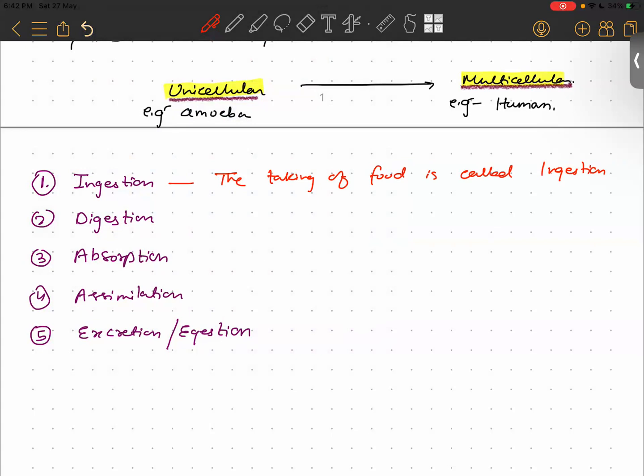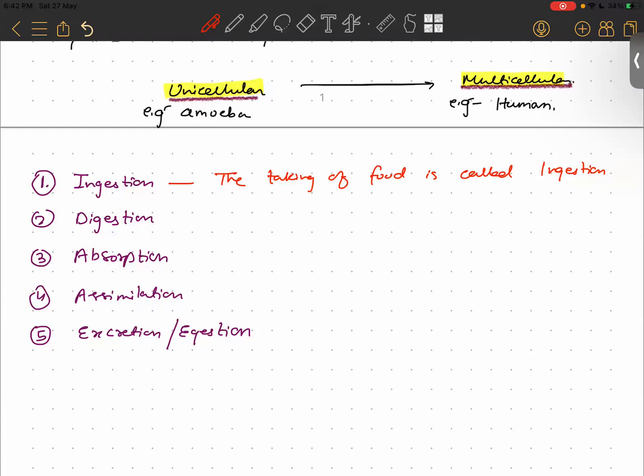You see, the food which we eat is made up of very big particles. They are not soluble, they are insoluble. So our body breaks that food into tiny pieces which are soluble in blood.